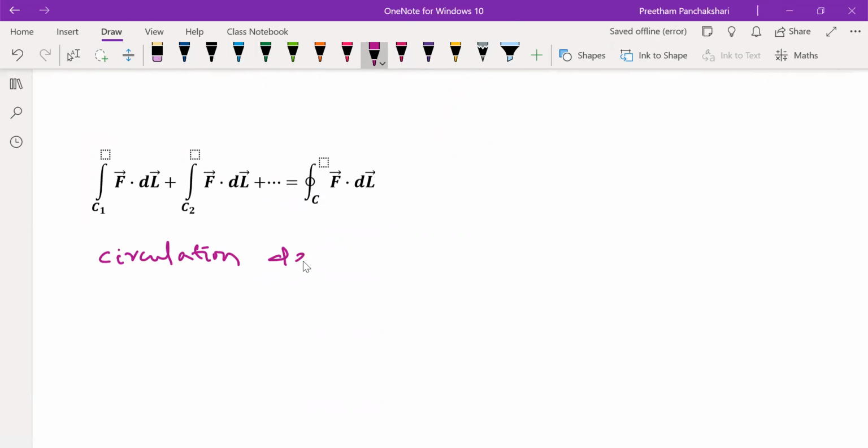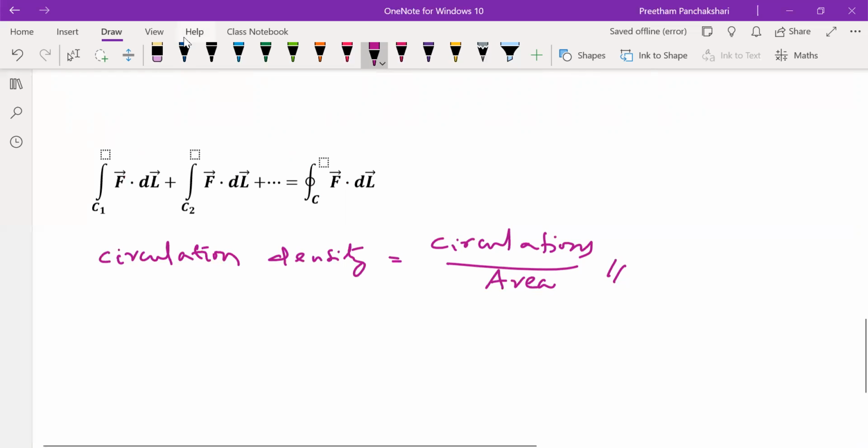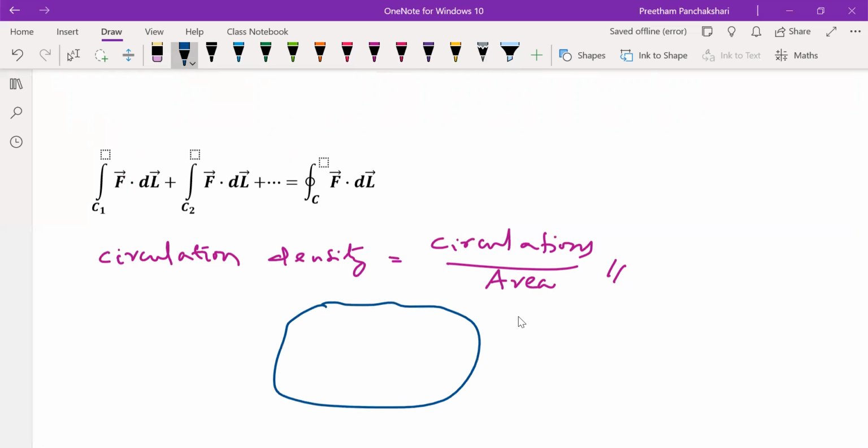So the circulation density is the number of circulations per unit area. So we have to introduce area into the denominator to get the concept of circulation density. So what does it mean here? If you take a closed path C, let us say, then the closed path C may have smaller circulations within it.